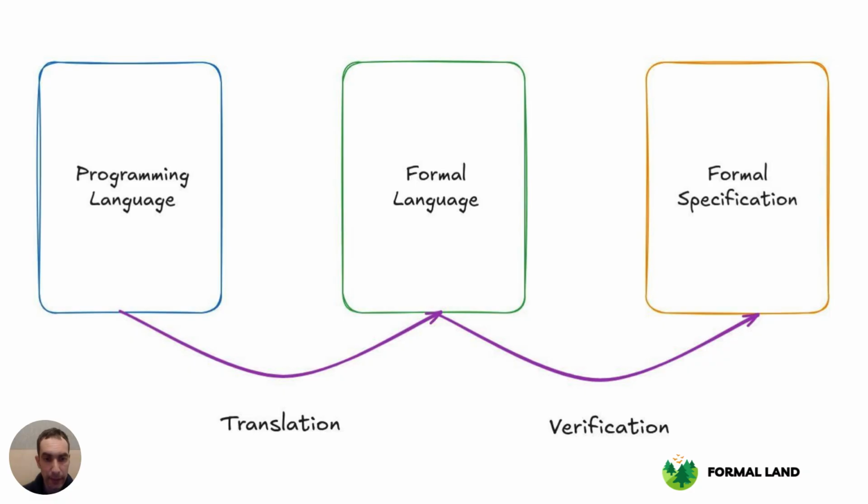This is the first step, the translation. And after, once you have this formal representation of your code, you can write your formal specification, so all the properties that you want to check as being correct for any input. And after, you can do a verification work that can be more or less automated depending on the tool.